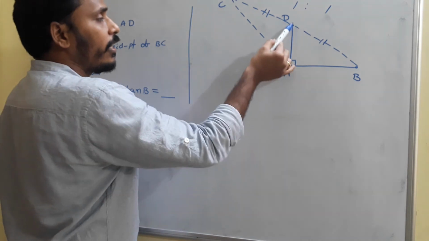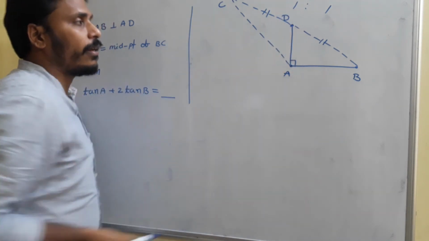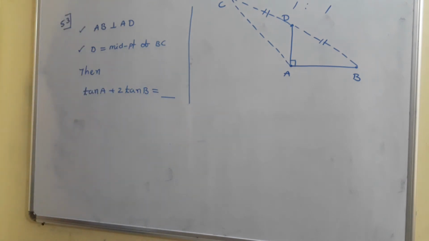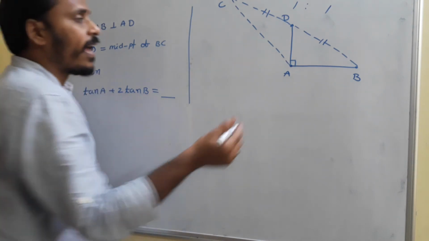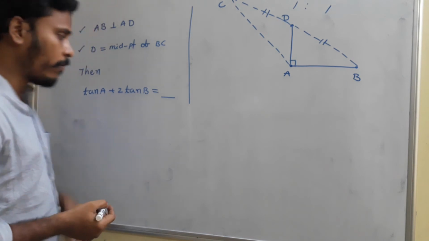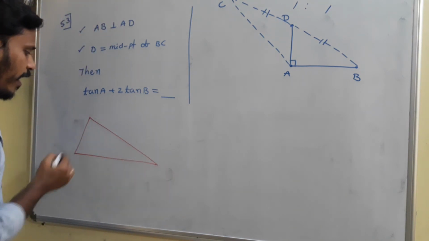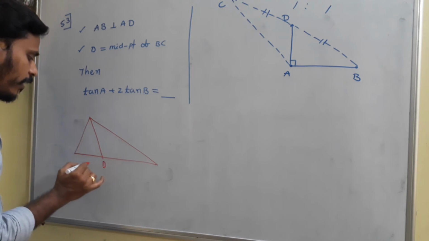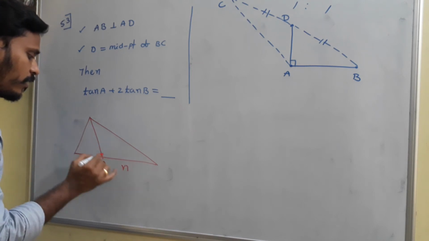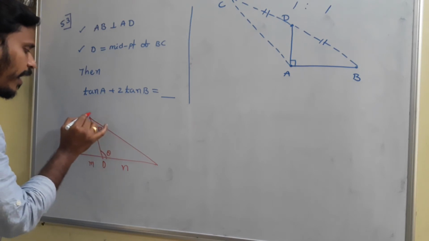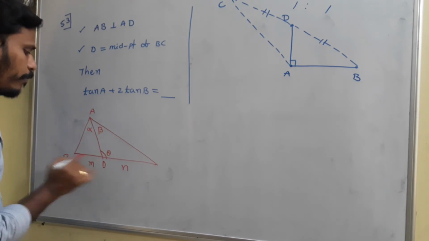See, this is AD and these are M and N. Okay, so we need to identify the angles. Here, one angle is 90 degrees, just like the MN theorem. For you, I will give you the MN theorem diagram. If this is the triangle and this is AD, this is M, this is N, this is theta, one angle is alpha and the other angle is beta, triangle ABC.